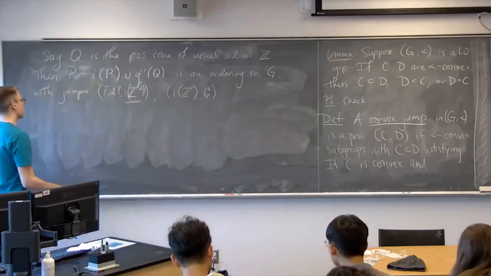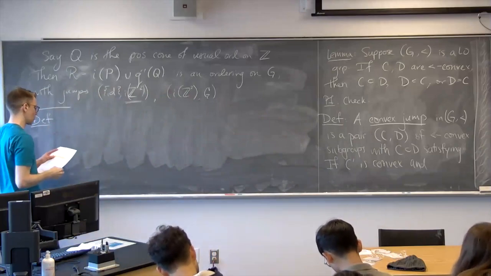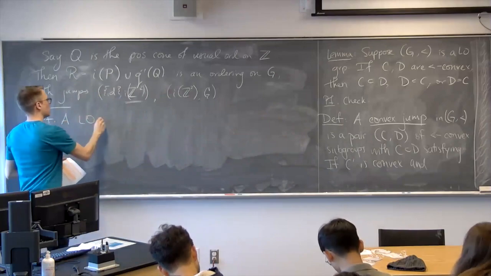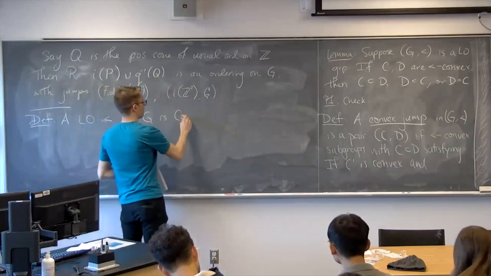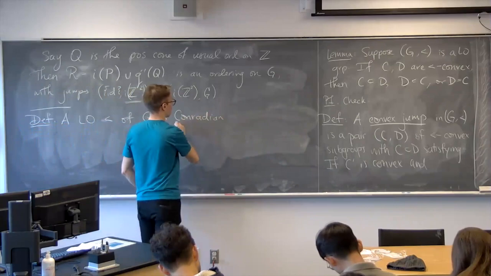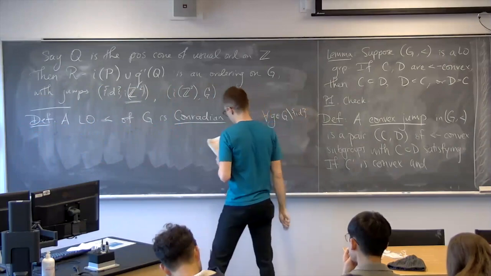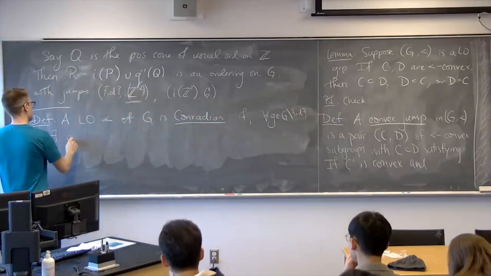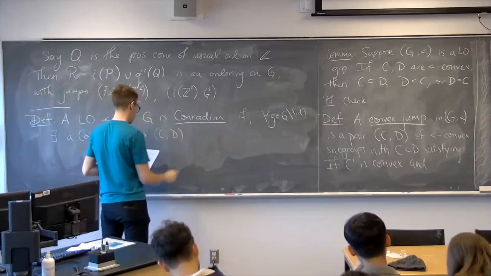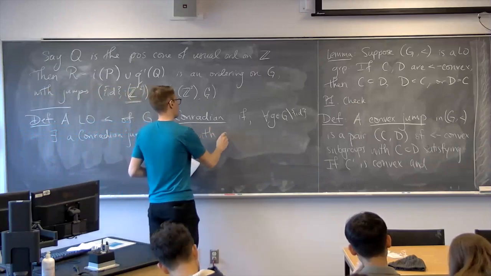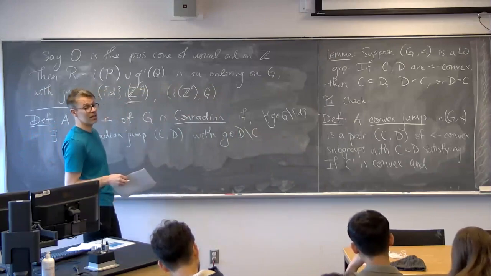So let me just say the definition that we'll run with then is that a left ordering less than of G is Conradian if for all non-identity elements g of G, there exists a Conradian jump C, D with g in D, but not C. And we'll call them Conradian left ordered groups.